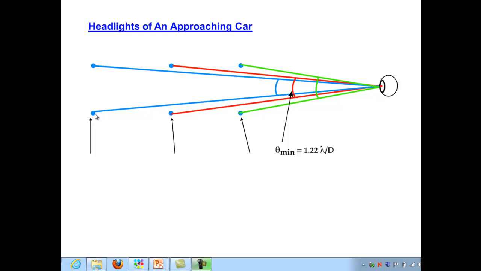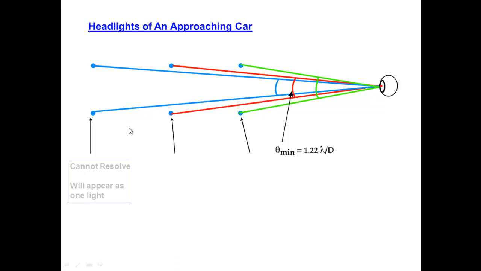If the car is getting closer, the separation of the headlights is staying the same, but the angle of separation that you measure as the viewer gets larger. So when they're far apart, we can see that the angle is smaller than the minimum angle needed for resolution.